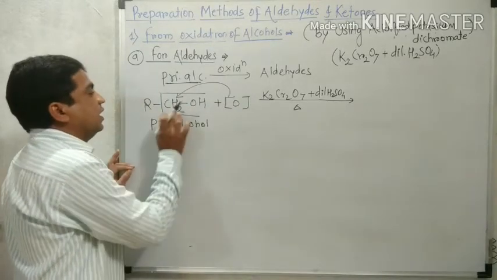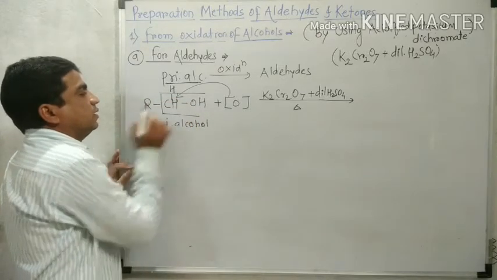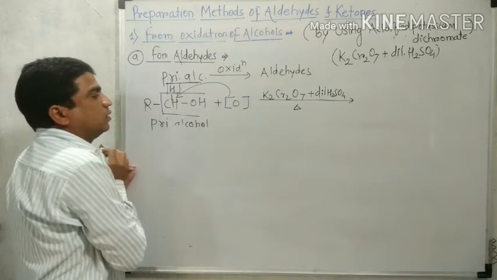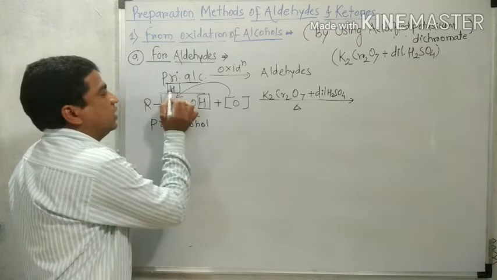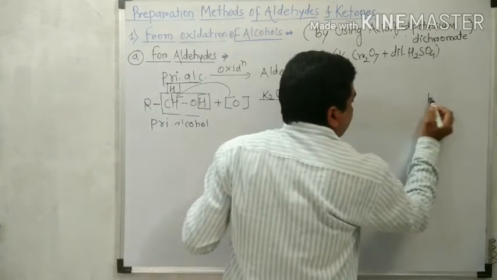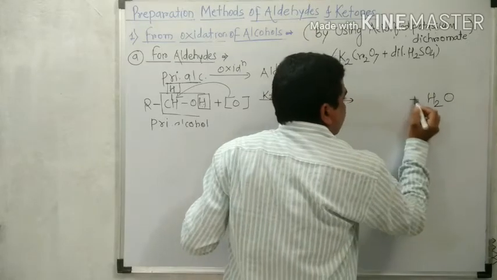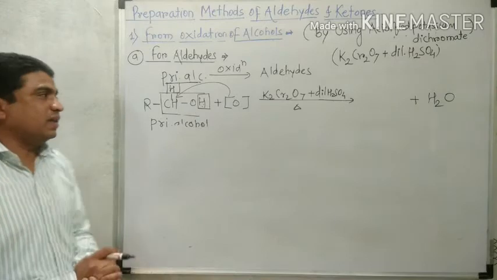It means that here we can write this hydrogen and this hydrogen, and this oxygen. These two hydrogens and this oxygen, when combined, give H2O. It means removal of a water molecule takes place as a byproduct in the reaction.